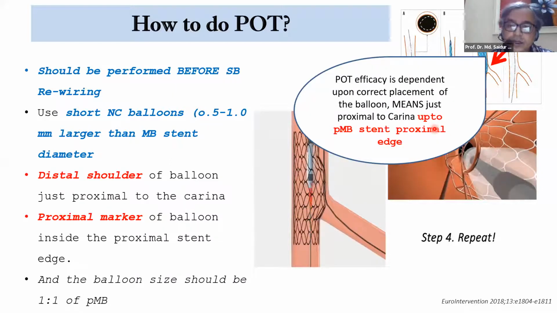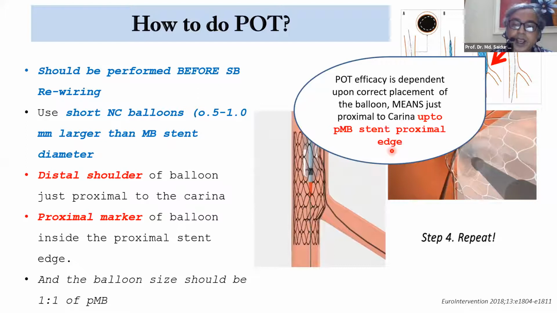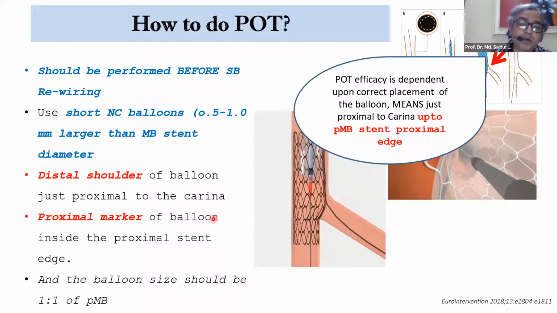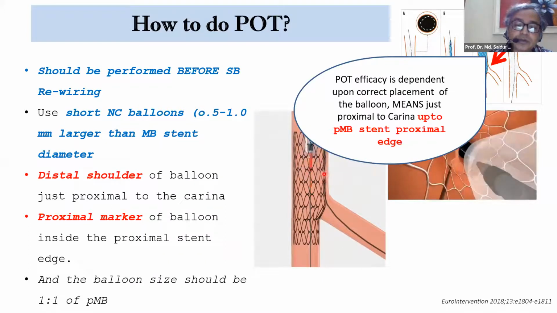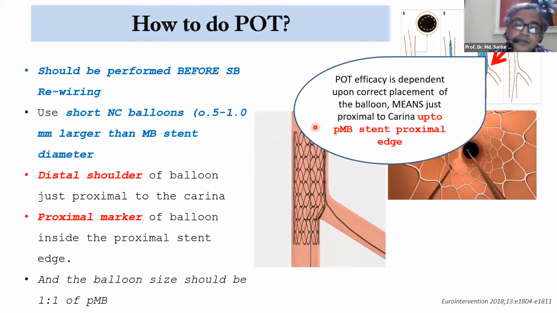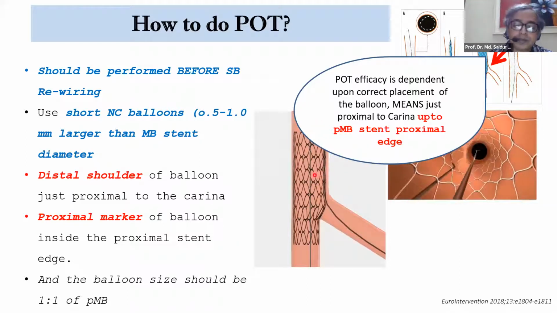Again, I'm trying to remind these things. And POT doesn't mean only up to the carina; we have to do the POT up to the proximal edge of the main branch stent.